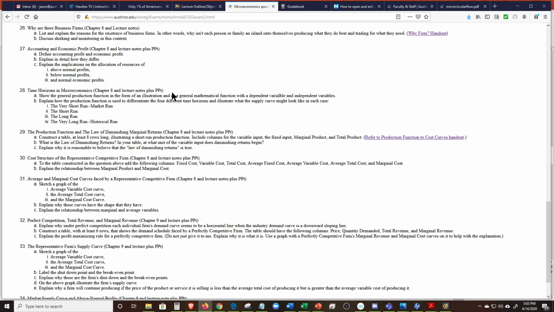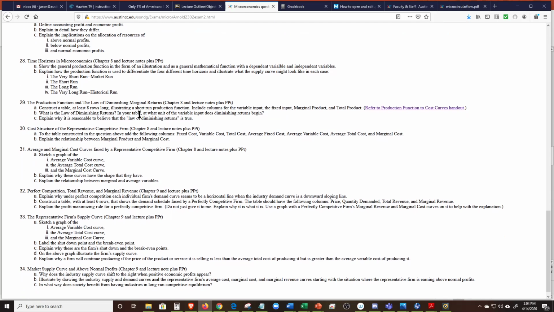Just to remind you, in number 27, economic profits include all the opportunity cost of all the resources used in the production of goods and services. So very often those costs are greater than the accounting costs, which are just the explicit costs. Economists want to take care of the implicit opportunity costs too.